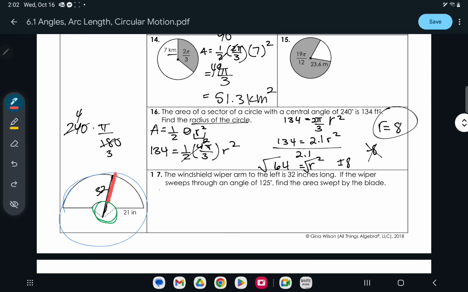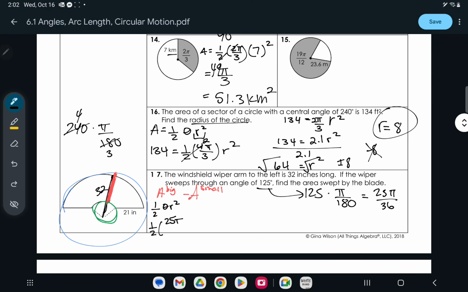So I need to do the area of the big circle minus the area of the small circle. So big circle, 1/2 theta r squared. So 1/2, 125, let's turn that into radians. So 125 times pi over 180, which would give me 25 pi over 36.